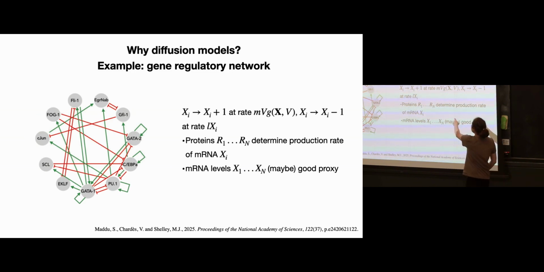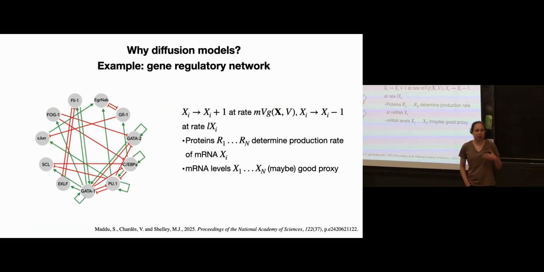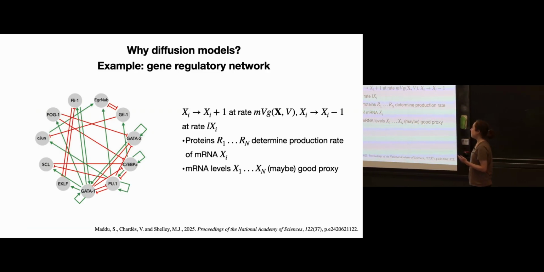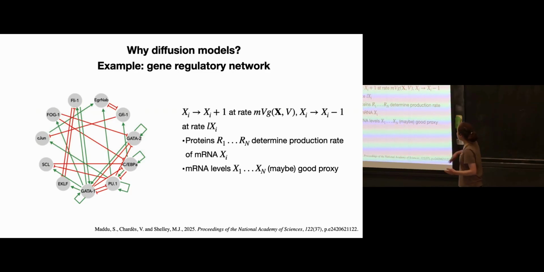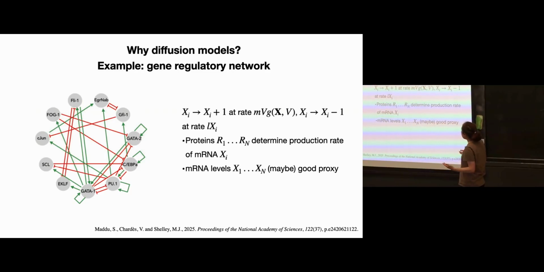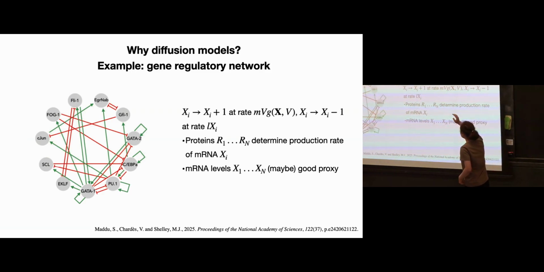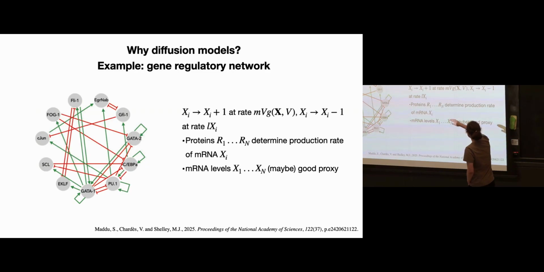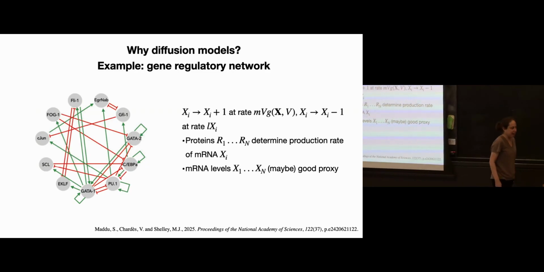G here is as yet unspecified, just some kind of nonlinear function that takes in the state of the cell and tells you at what rate GATA2 is reproducing. And then there's also just some decay.